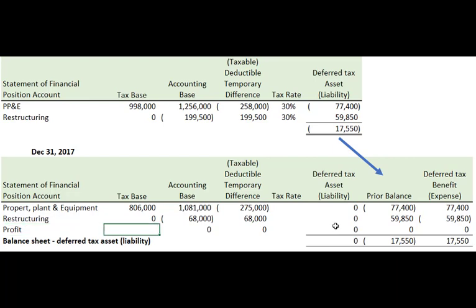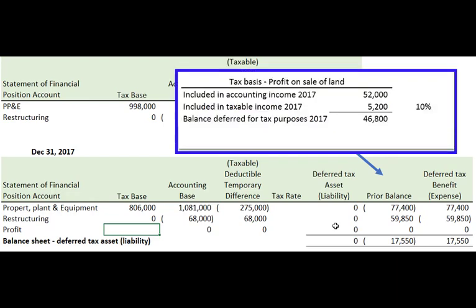But for the tax base, we're only bringing it into income at the same rate that the money is being received. So you remember that for tax purposes, we brought in $5,200 worth of income, 10%, which means that there should be $46,800 that is going to be taxable in the future.